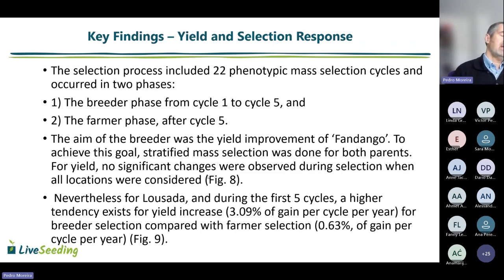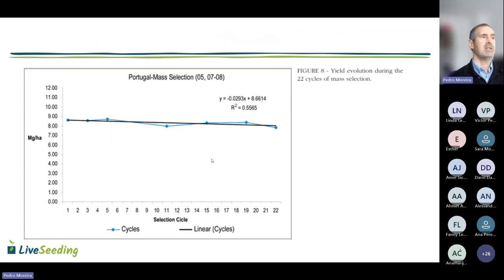However, it's quite interesting that for Lousada, during the first cycles, there was a higher tendency for yield increase, about 3.09 of gain per cycle per year for breeders compared with the farmer selection, 0.63 of gain per cycle per year.